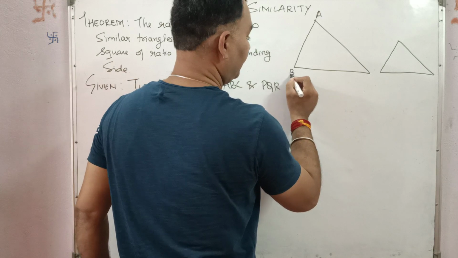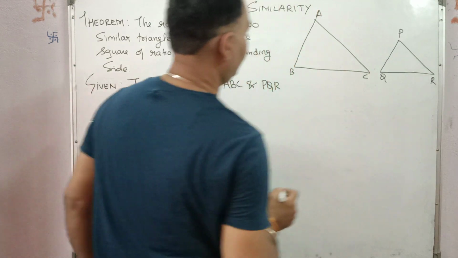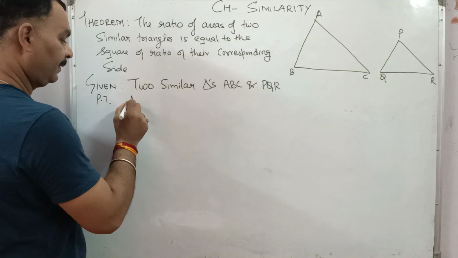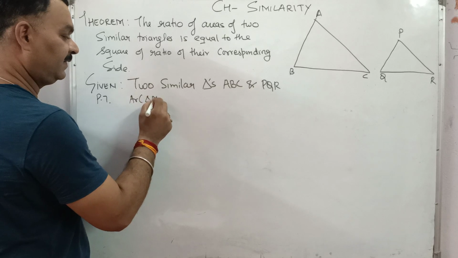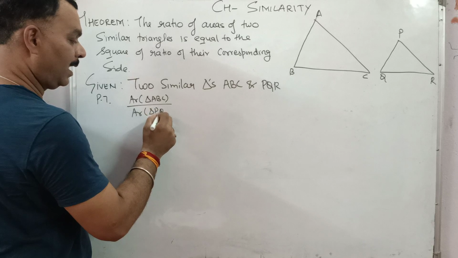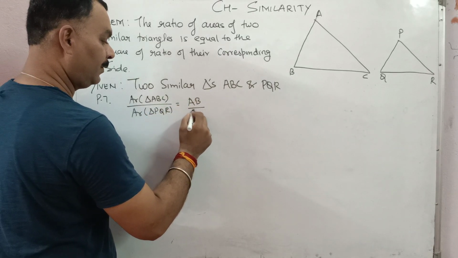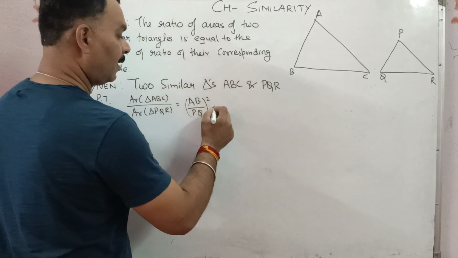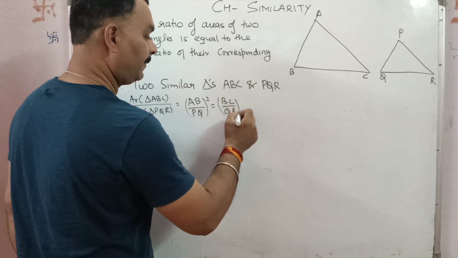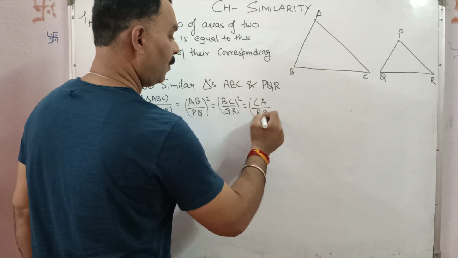A, B, C, P, Q, R. Now we need to prove that area of triangle ABC to the area of triangle PQR is equal to either AB upon PQ whole square or BC upon QR whole square or CA upon RP whole square.